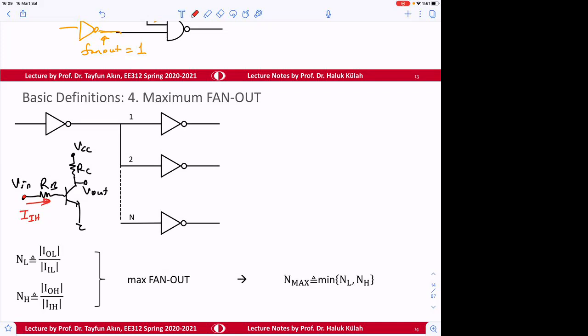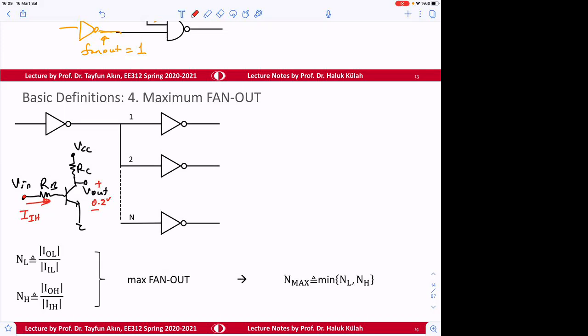That current should be enough so that it can drive this and then the output can reach 0.2 volts, so the transistor can saturate. That's the basic idea here.